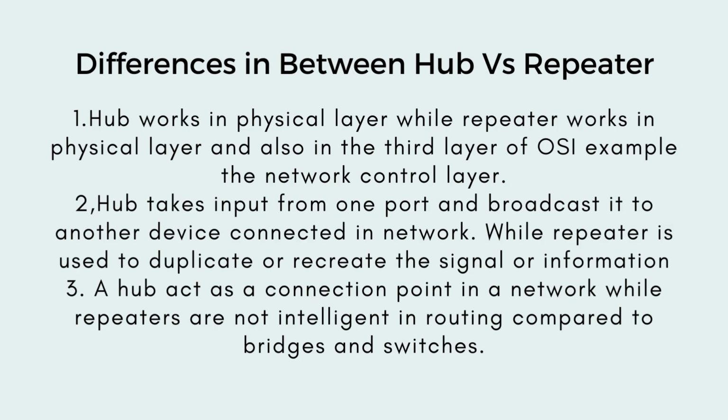A hub takes input from one port and broadcasts it to another device connected in the network, while a repeater is used to duplicate or recreate the signal or information. Number 3. A hub acts as a connection point in a network, while repeaters are not intelligent in routing compared to bridges and switches.